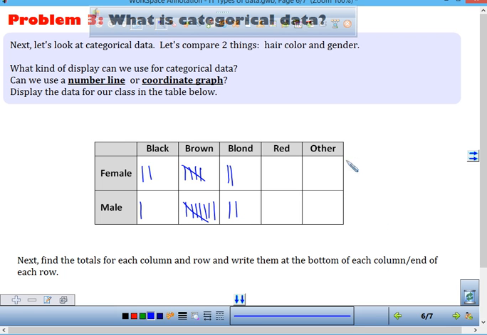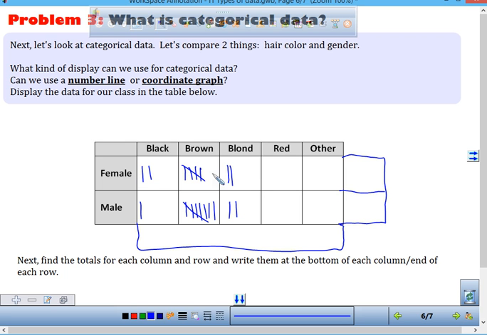And then they want us to find totals, both for the columns and the rows. What's a row and what's a column? Okay. Columns go up and down. Rows go left and right. So total female.